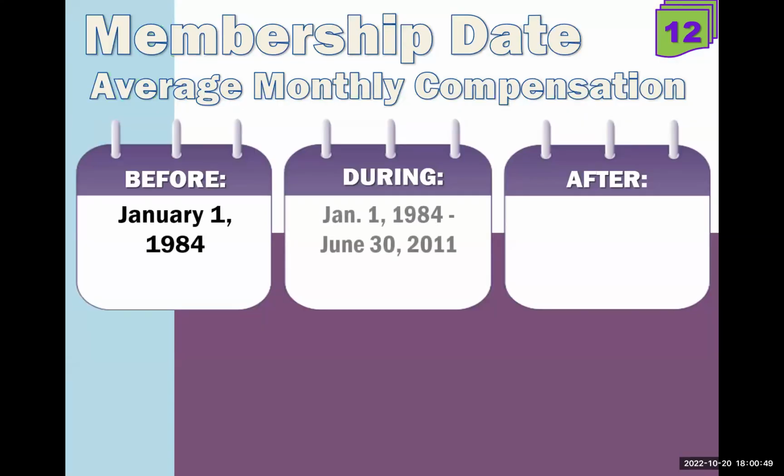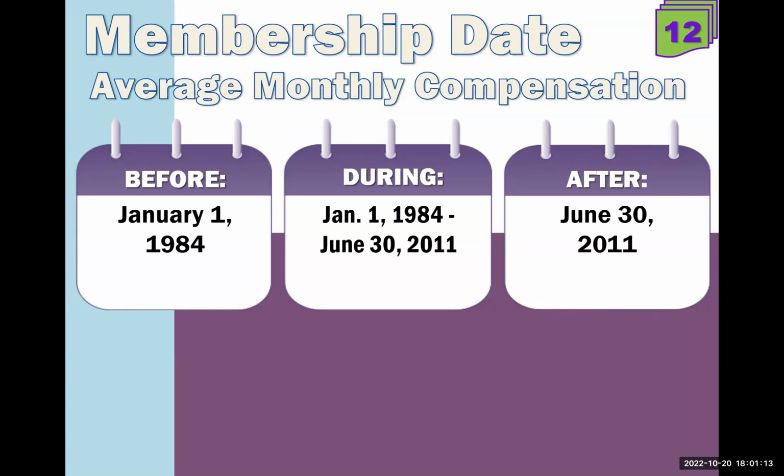Your ASRS membership date will determine how your average monthly compensation will be calculated. Some of you may have started contributing to ASRS prior to January 1st, 1984. Some of you may have started contributing between January 1st, 1984 and June 30th, 2011.